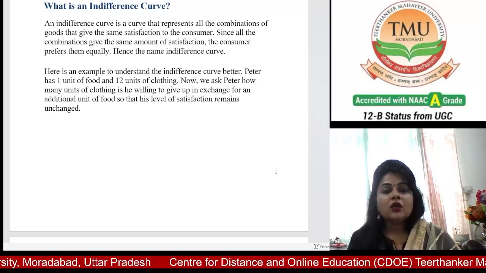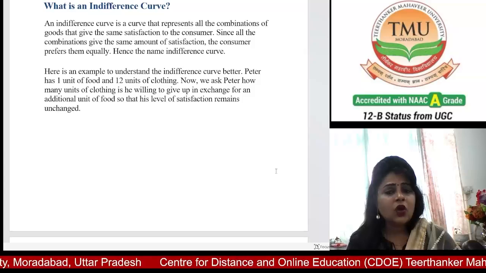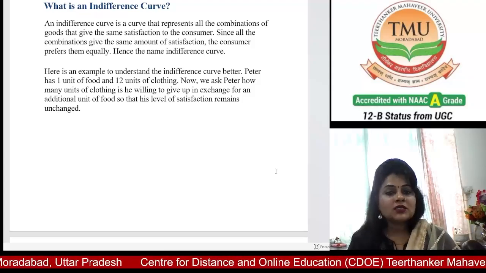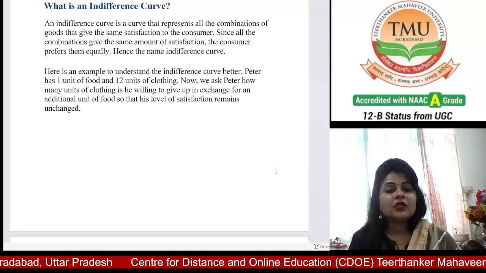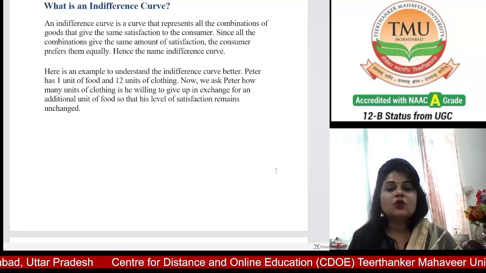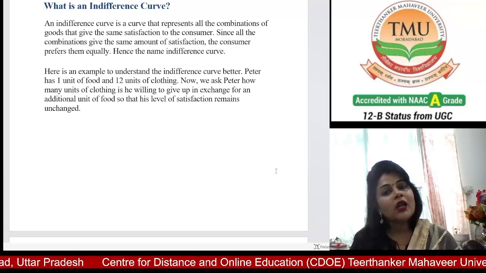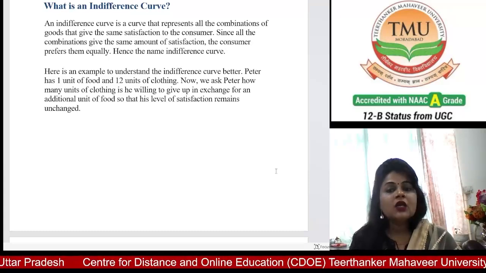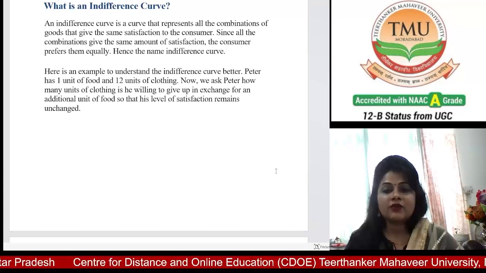Consumers cannot put a numerical value on the level of satisfaction gained from the consumption of goods. However, they can tell their preferences between two goods, which good gives them more or less satisfaction. This satisfaction level is depicted through an indifference curve.